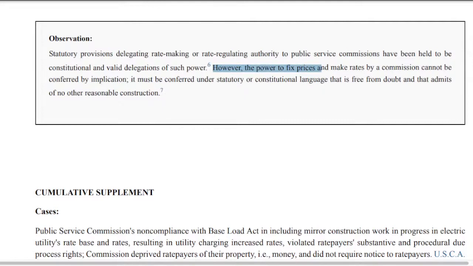However, the power to fix prices and make rates by a commission cannot be conferred by implication. It must be conferred under statutory or constitutional language that is free from doubt and that admits of no other reasonable construction.